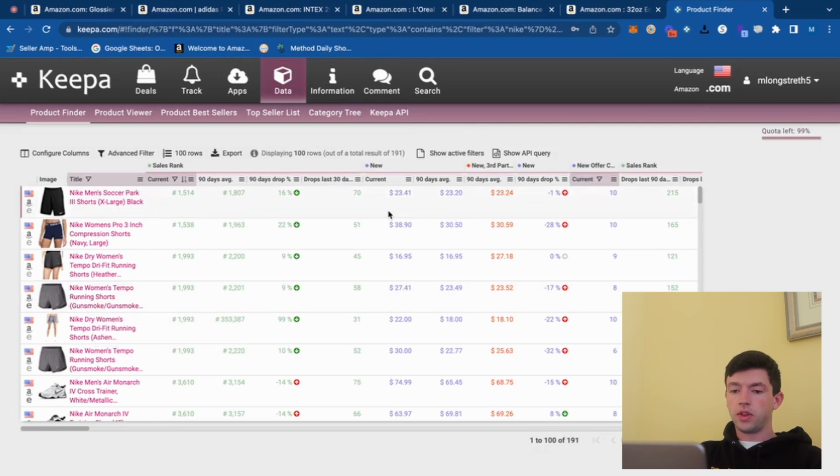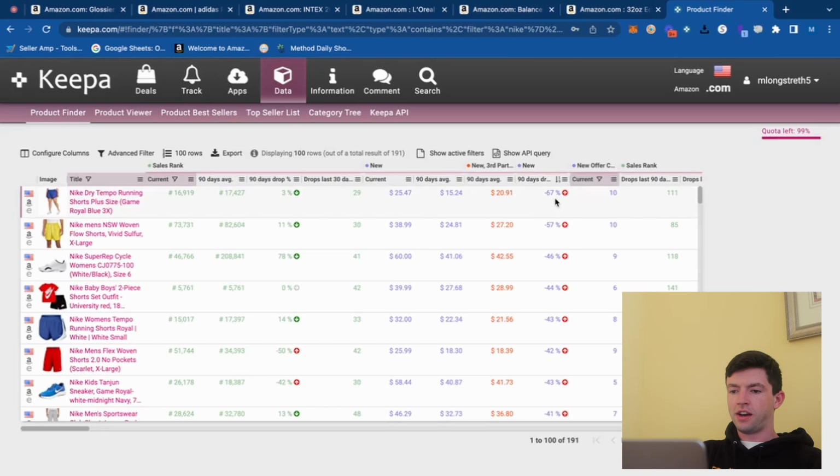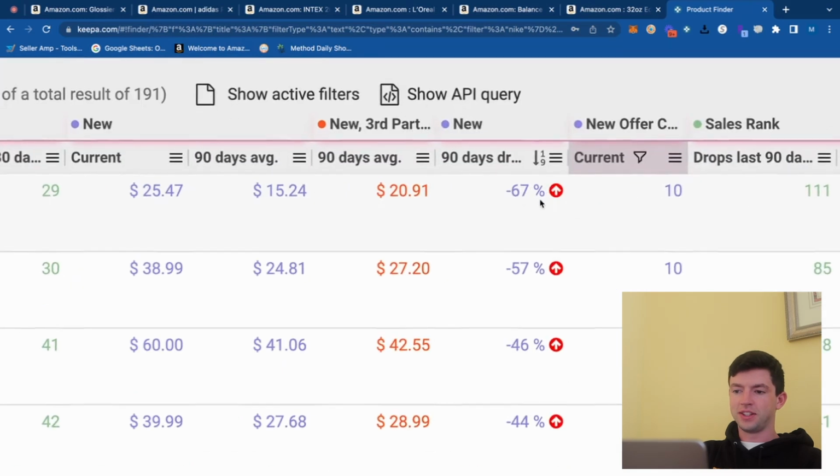Now, what I like to do is go to the new percentage drop and find the highest negative drop, which is an increase. So if we find the highest negative drop, that's what it dropped, -67, so it increased 67%.